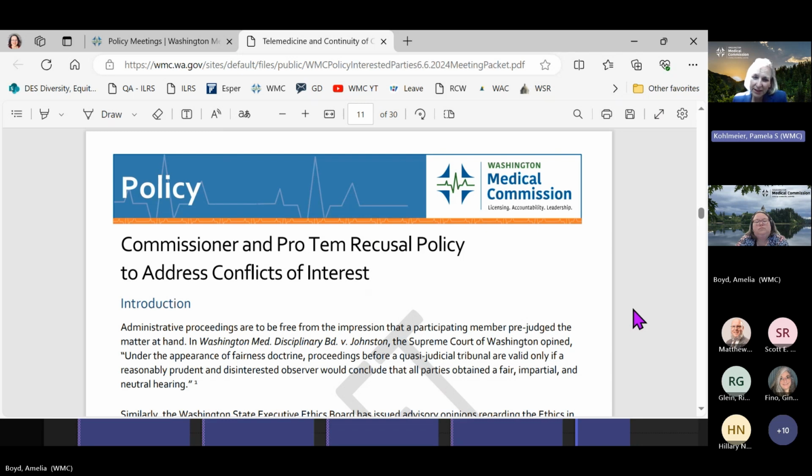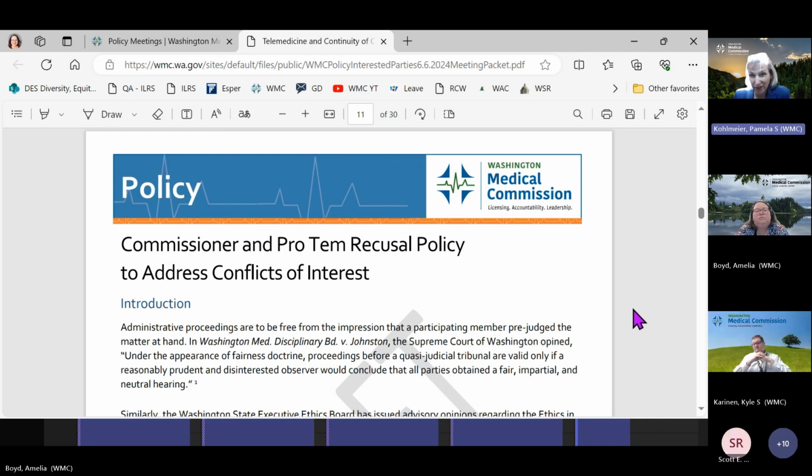And so talking about how commissioners should recognize if there's a conflict of interest and how to address that to ensure that there is fairness in everything related to the commission as far as rulemaking, discipline, all of that. And Kyle, who I see just let us see him, he was the mastermind behind trying to get this going. So Kyle, you want to make some comments?